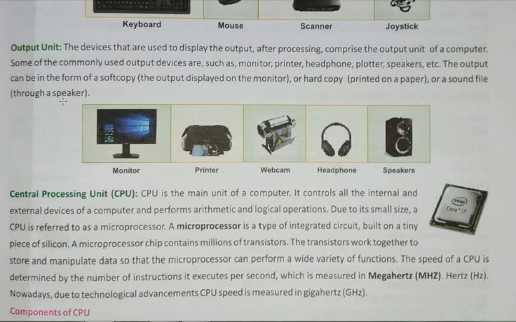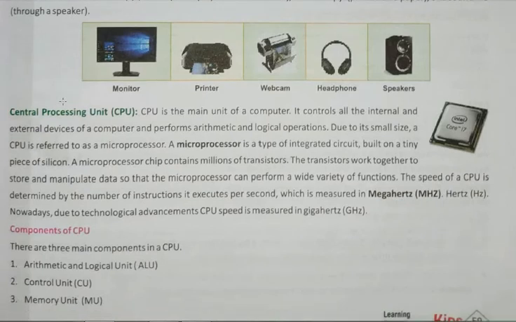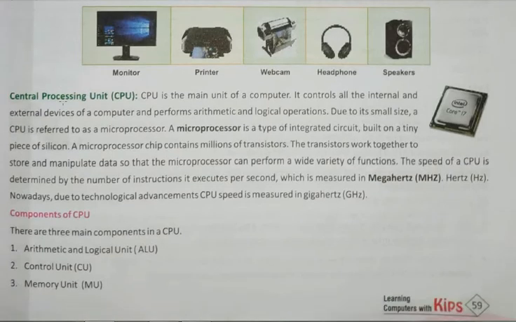Now we'll come to the CPU. Basically, the CPU processes my whole work. It is a bridge between my input unit and the output unit. It has microprocessors, which have transistors built into them. When we go to our classes, I'll show you the transistors of the microprocessor.